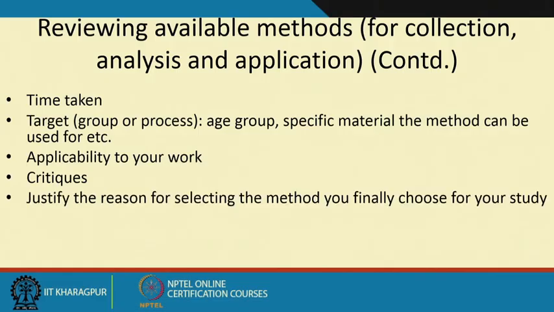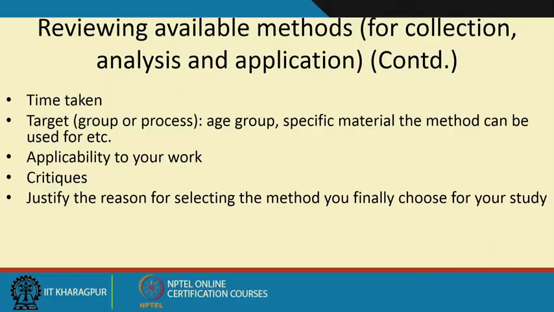Similarly, while selecting a method, these critiques help. Knowing how people who have used that method have experienced that method is very helpful in deciding whether you want to use that method or not. And then on the basis of all of these parameters and some more that you might find useful for your specific study, maybe the availability of the sample could be one criterion.